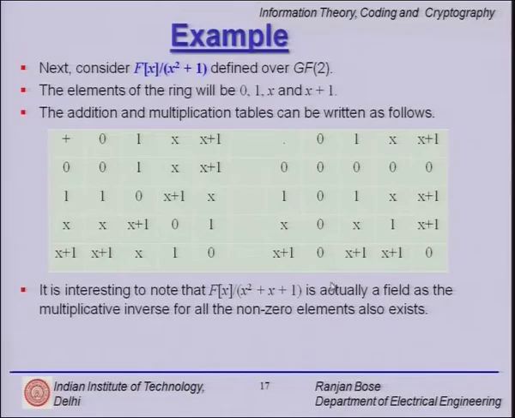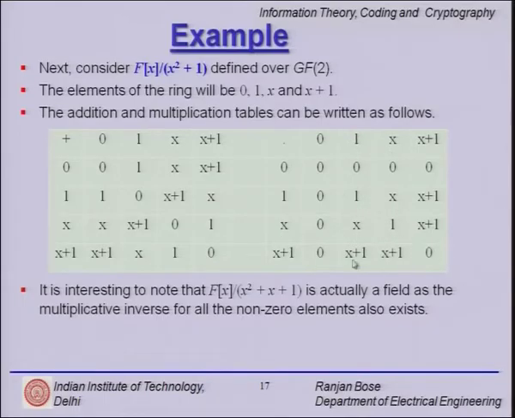What we look at is that the first example, f of x divided by x squared plus x plus 1, was actually a field, whereas this one is just a ring because of the absence of a multiplicative inverse. If you see this multiplicative table, x plus 1 does not have a multiplicative inverse, whereas every other one has a multiplicative inverse.